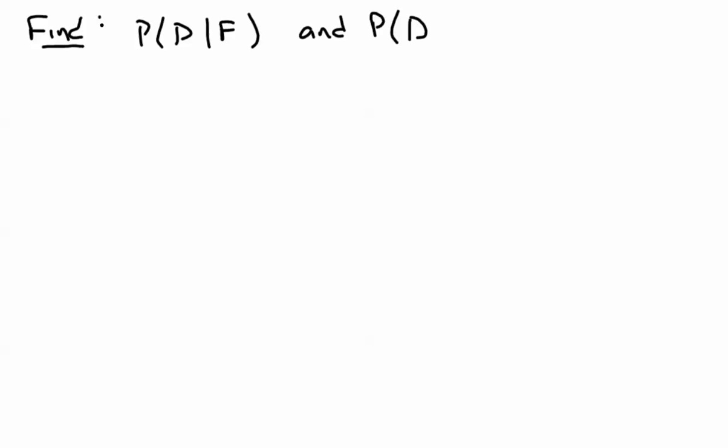I want to find the probability that the part is defective if it fails the test, and find the probability that it is not defective given that it does not fail the test. I want to find those two probabilities.